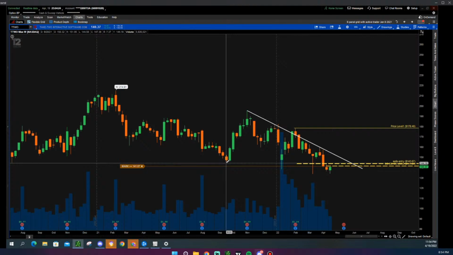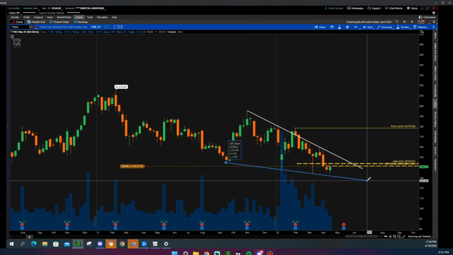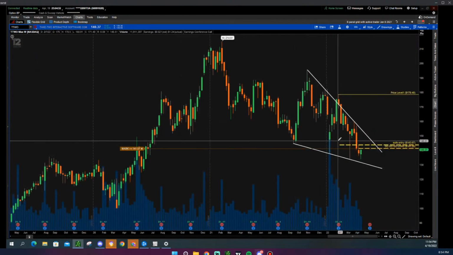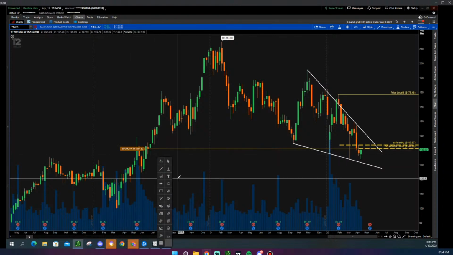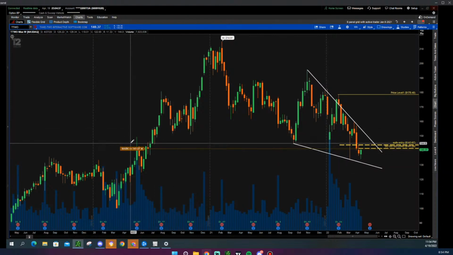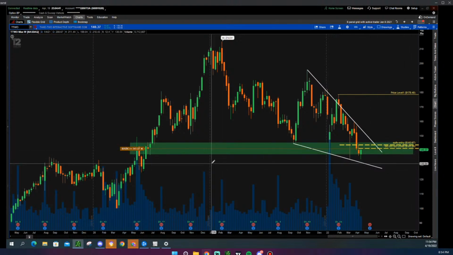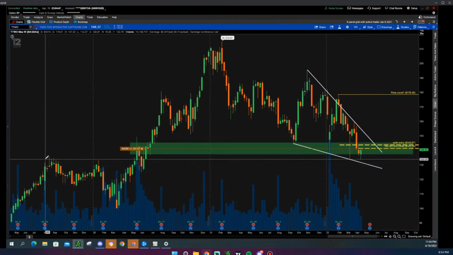Falling wedge. There it is. A falling wedge into a demand zone. Shorty's excited. Oh God, yeah, I really like this.